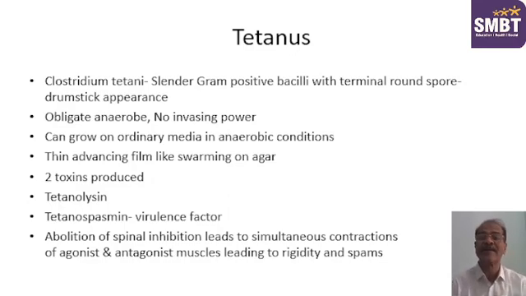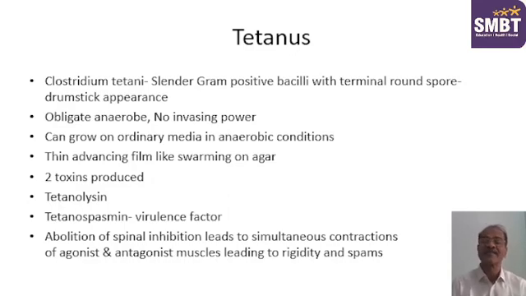They are easily growable organisms, and they produce mainly two toxins, tetanolysin and tetanospasmin. The main effect of the infection is brought about by tetanospasmin.